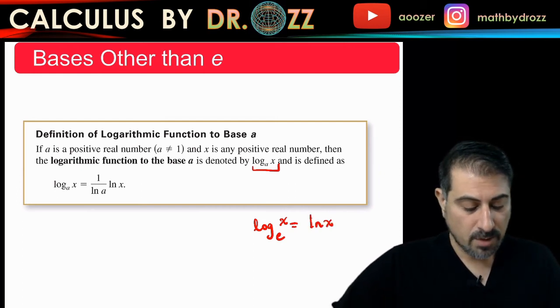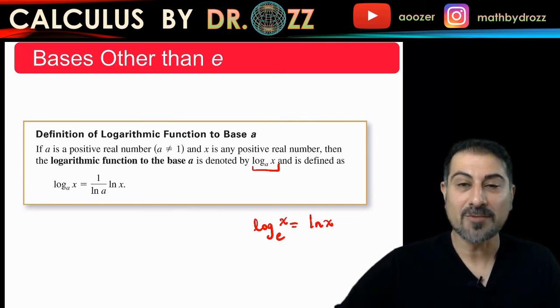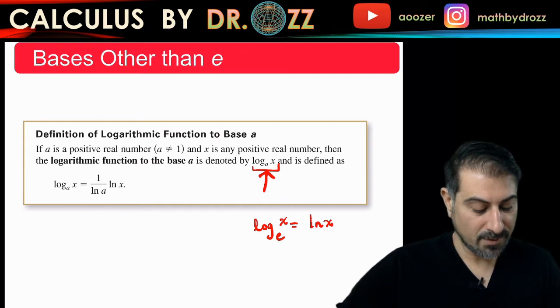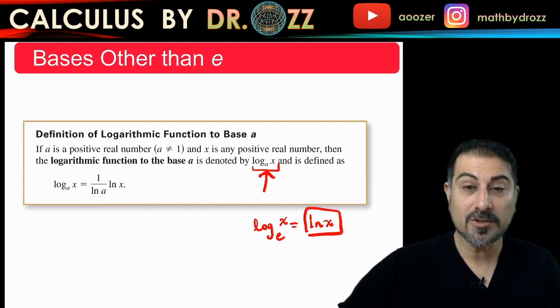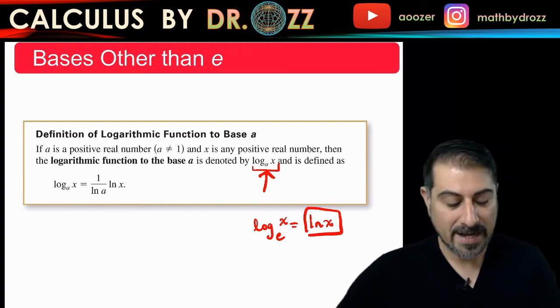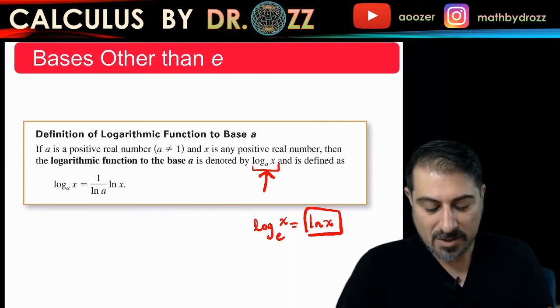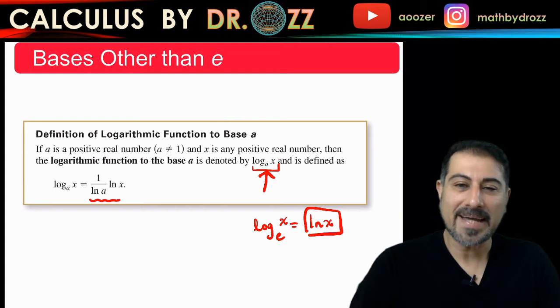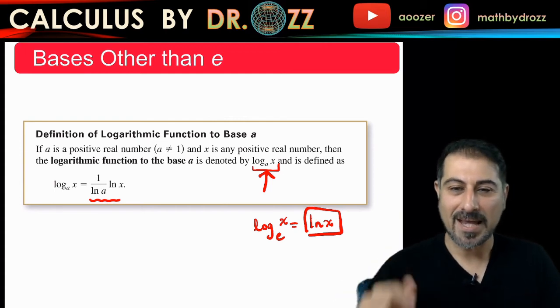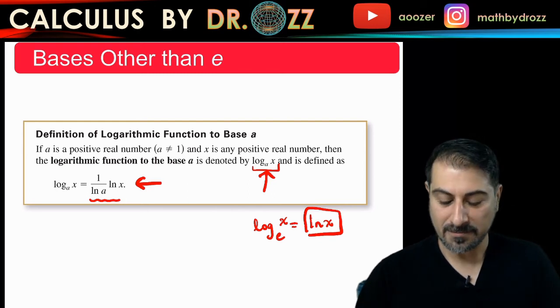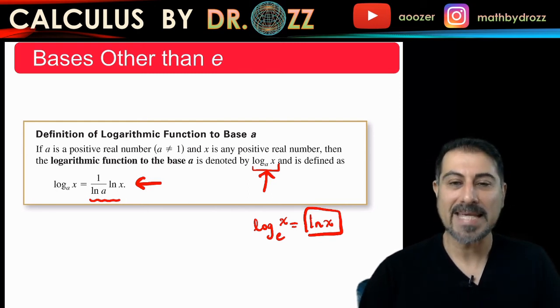So we can redefine this function with the use of the natural log function. In fact, log base a of x is the quotient of ln x and ln a. Take this as the definition of the logarithmic function of x with base a.